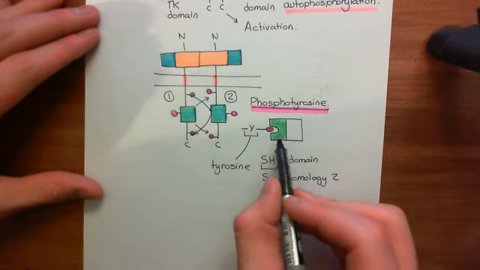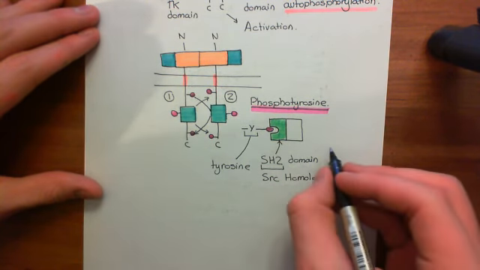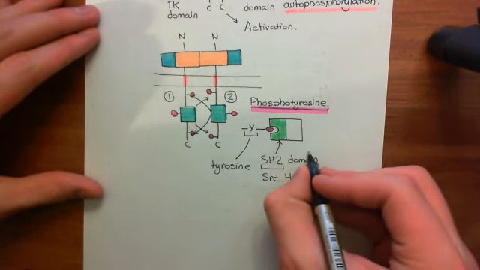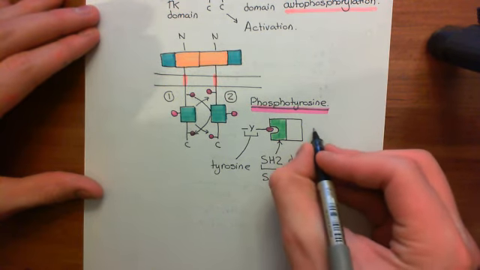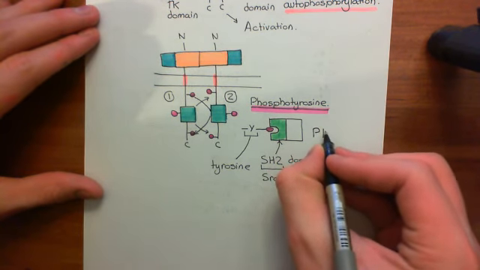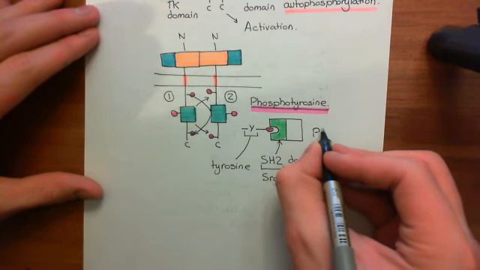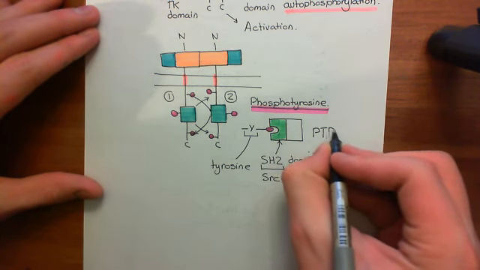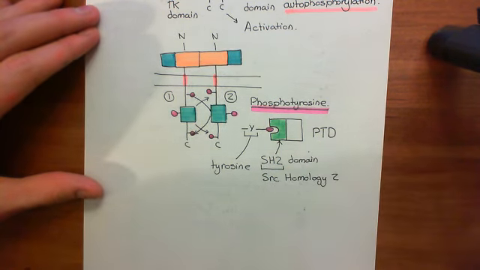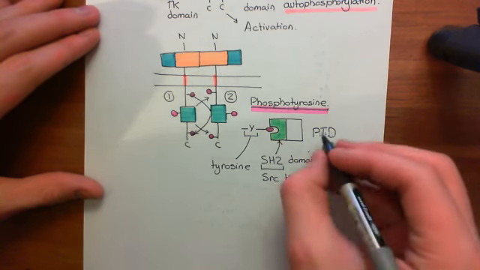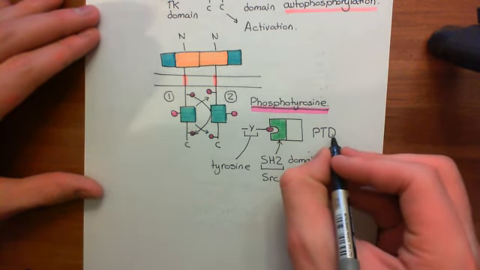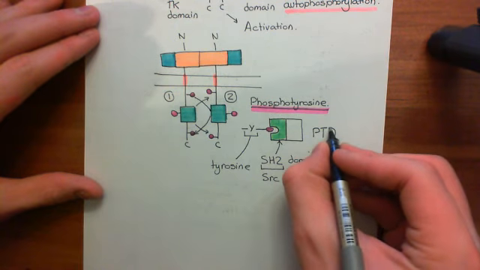Now, another domain that's less common that also has a similar function to the SH2 domain is the phosphotyrosine binding domain, which I think is called the PTD. It's called the PTB.